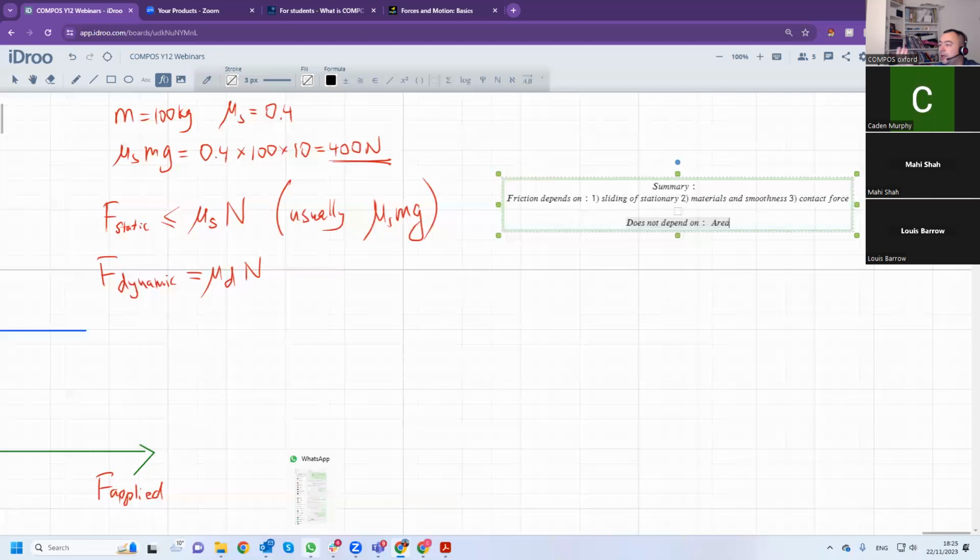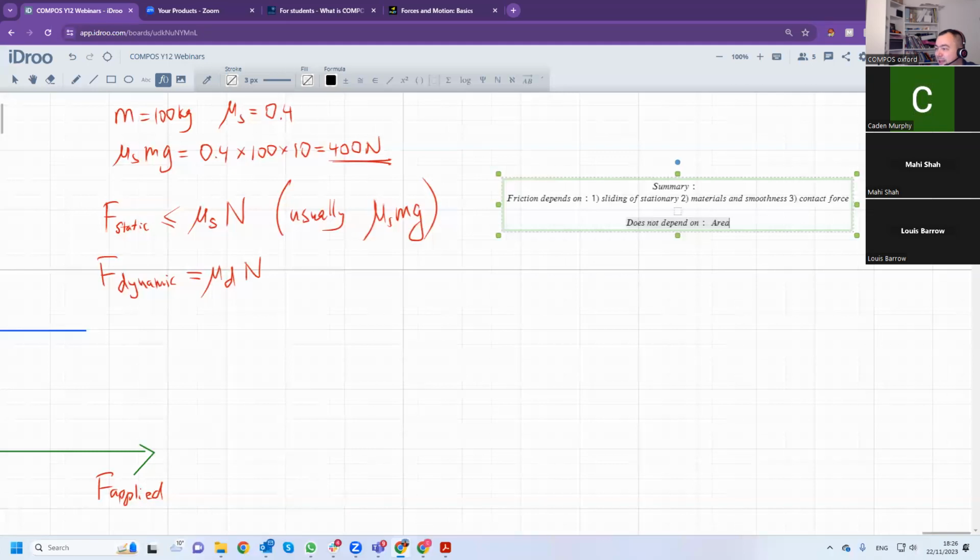So it's very unobvious, and the opposite is true for racing cars. Big tires means more friction. Small contact area means less friction. So yeah, we use a model which is a simplification. So for all intended purposes, always assume that the friction force does not depend on area. I hope that makes some sort of sense.